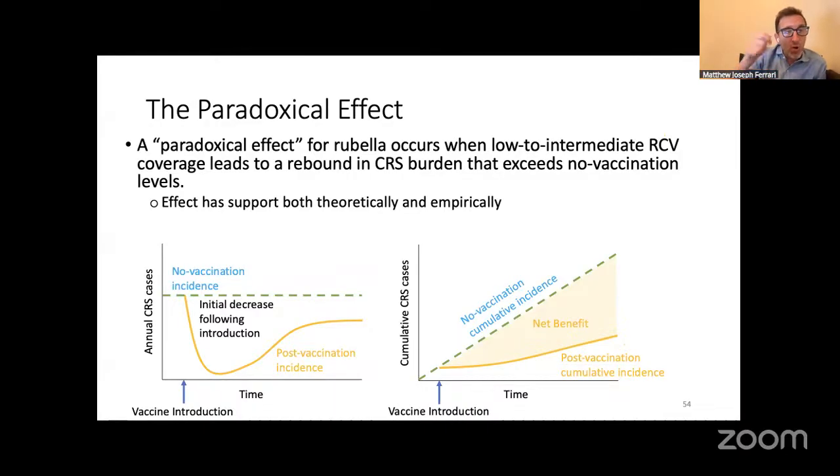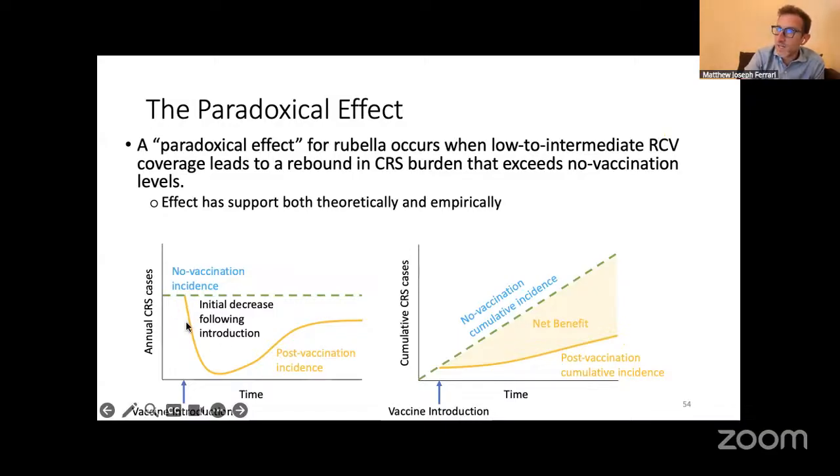So CRS is only the manifestation of rubella infection in a specific group, the women in their first trimester of pregnancy. So your intuition is correct that following vaccination, the incidence of rubella infection always goes down and stays down, right?